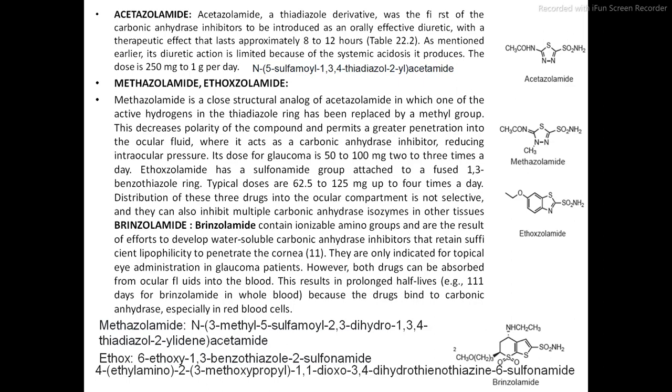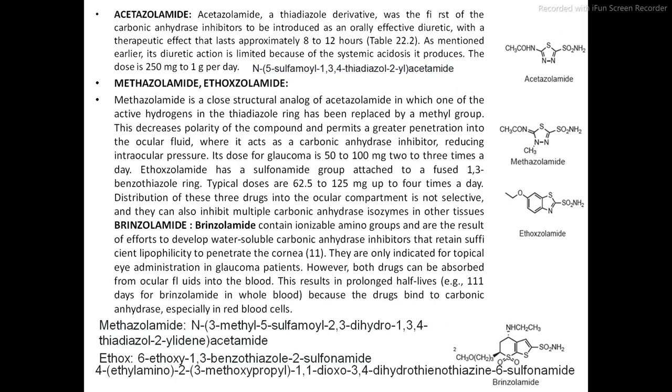So as we have discussed, these diuretic agents are primarily the carbonic anhydrase inhibitors. Now we are talking about the carbonic anhydrase inhibitors, specifically those which act as diuretics. So specifically these drugs are used in the treatment of glaucoma, right? Just as we have discussed.